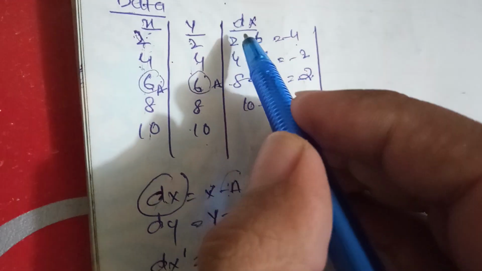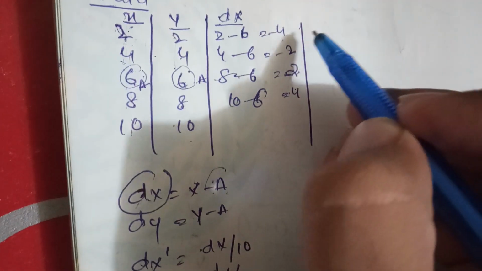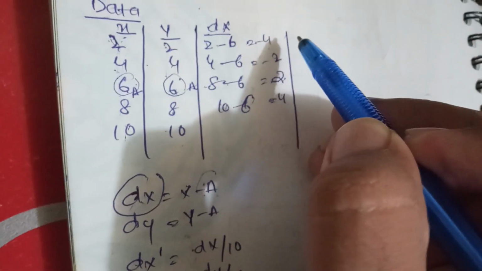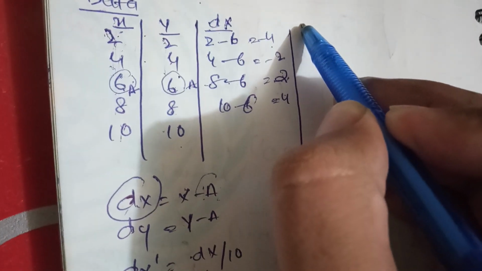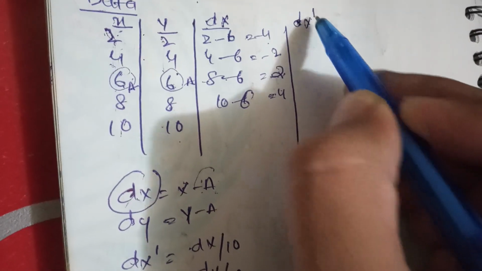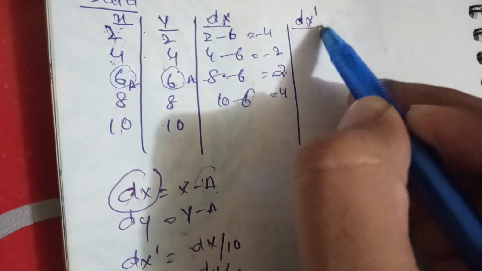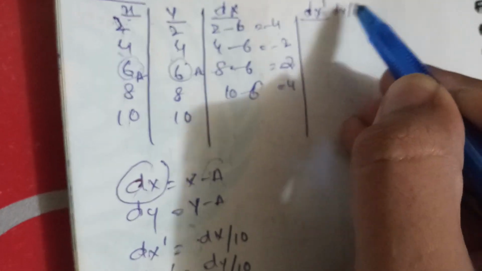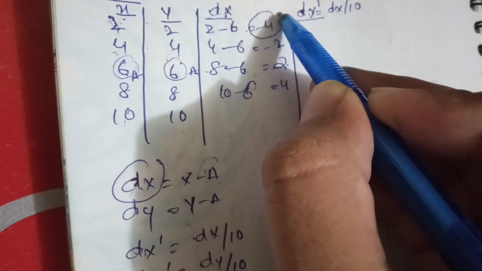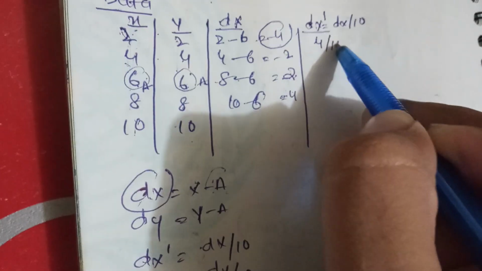The next step is finding dy. Before moving to dy, let me tell you the remaining steps. X, y, dx. After finding dx, you are supposed to find dx bar. Now what is dx bar? Simple. Take the value of dx and divide it by 10.